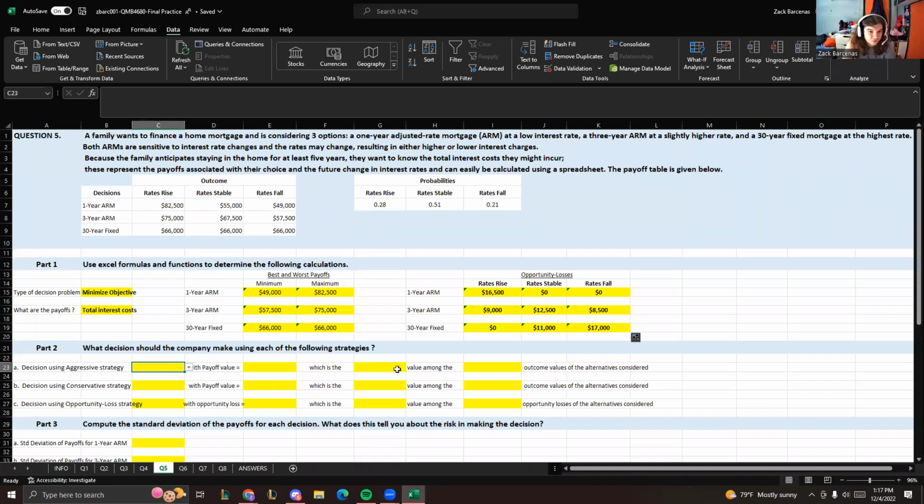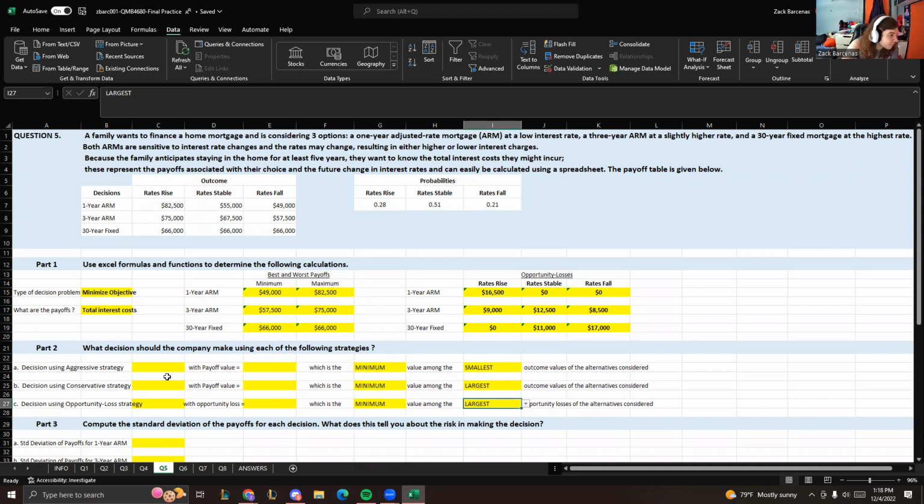So for the aggressive strategy, what we want is the minimum of the smallest. The conservative strategy, when you're looking for the minimum, is the minimum of the largest, and the opportunity loss is the minimum of the largest as well.